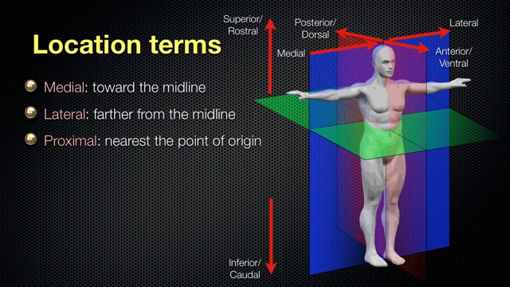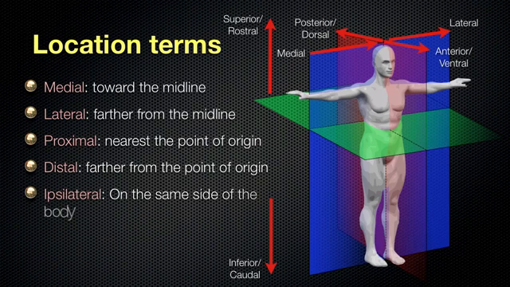Then we have proximal, which is nearest to the point of origin, so it's closer to something. And distal means farther from the point of origin, so it's farther away from whatever that point of origin is. That's not illustrated in the picture over here, but I'm sure you get the point.